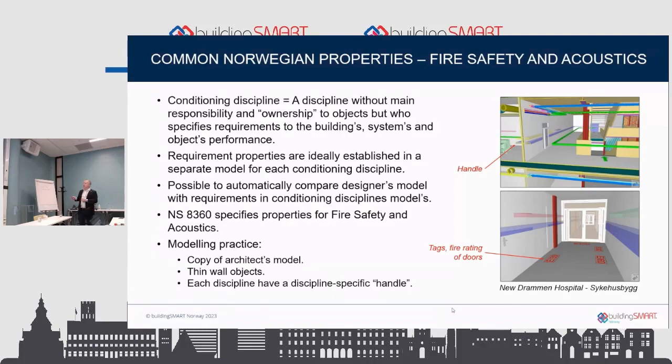You could have your fire rating requirements in this model as well. You see this is the exit route, and this is the tagging for the requirements on the doors. You don't draw the doors, but you put this on the floor, and the door has a swing that collides with this tag, so it automatically checks the content of this tag with the property in the door.